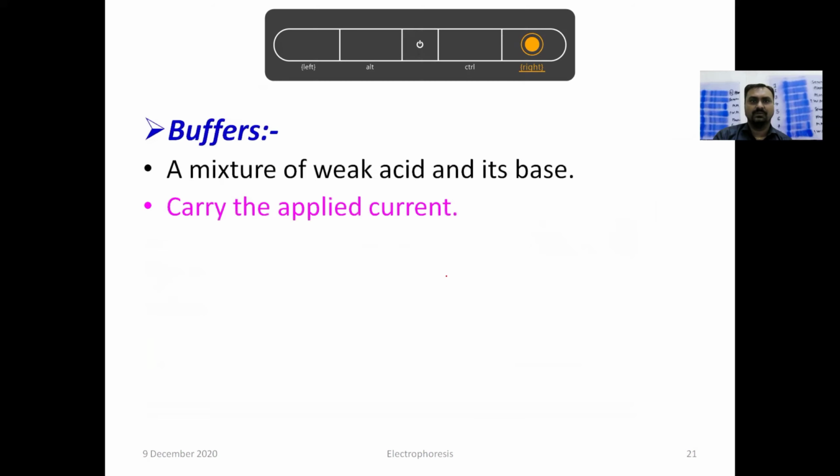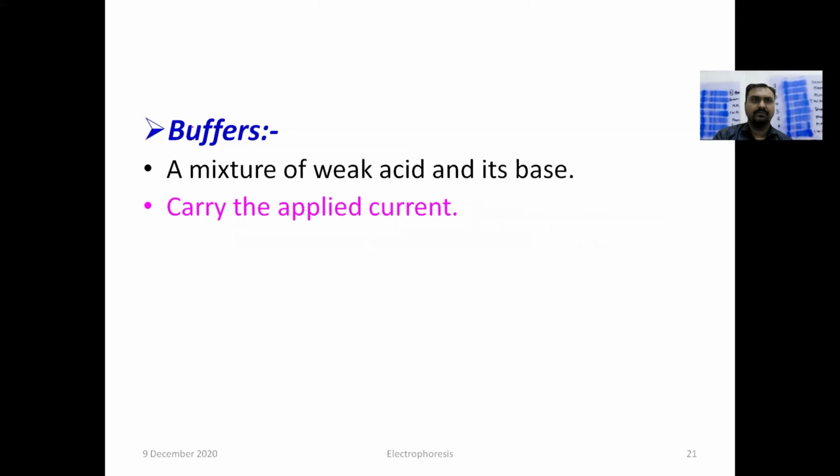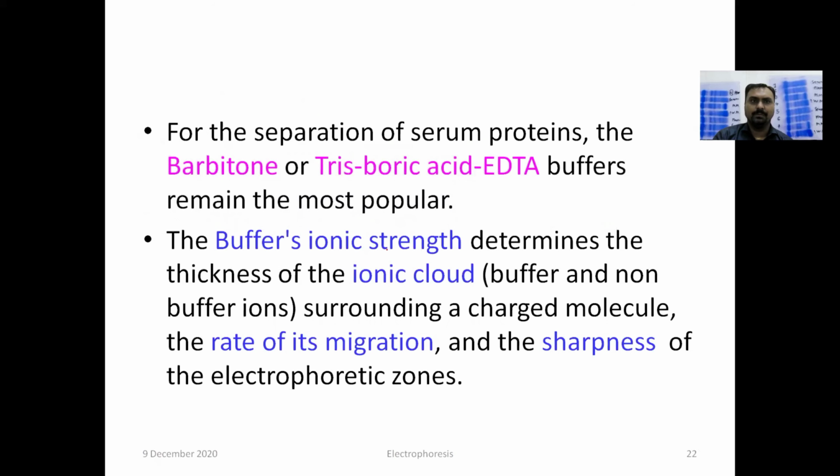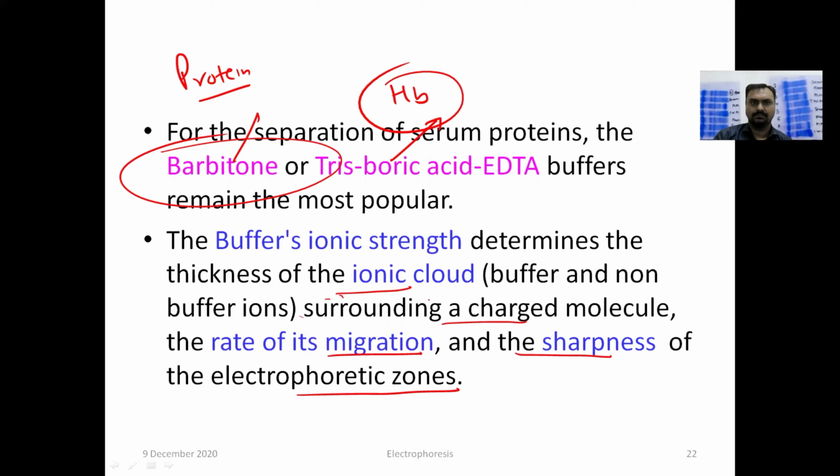Now what is a buffer? It is a mixture of a weak acid and its base. A buffer will resist a change in the pH. So it will carry the applied current, and it will fix the pH. The most commonly used buffer is barbiton buffer. Okay, that is mainly used for proteins, while Tris EDTA borate buffer is mainly used for hemoglobin electrophoresis.